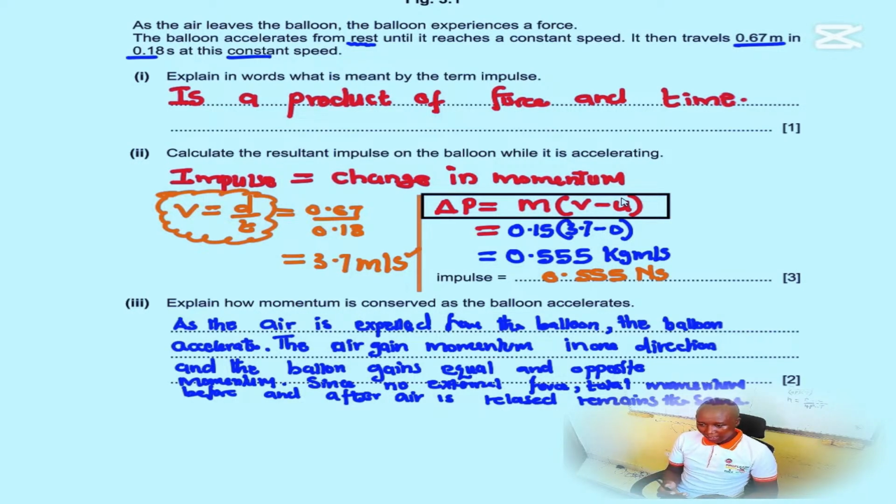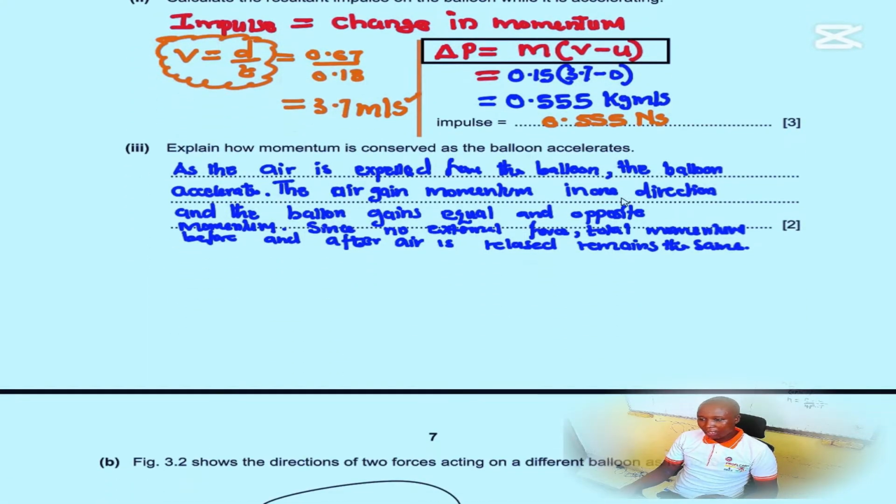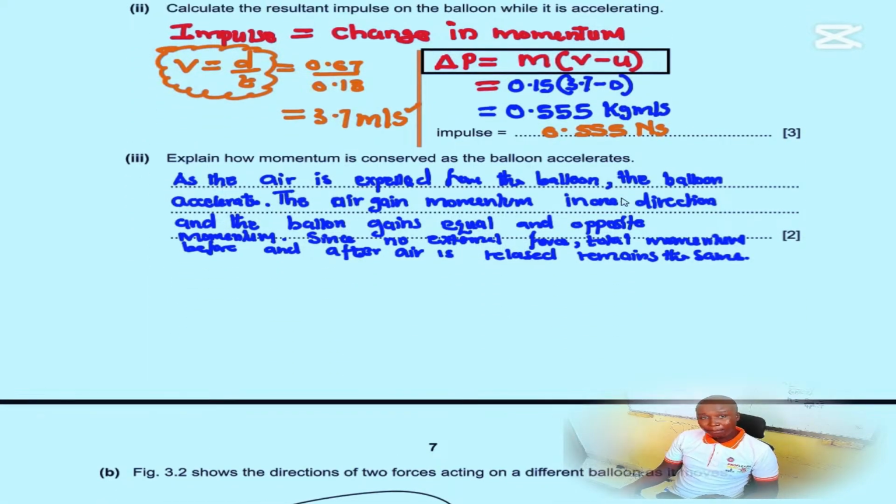The law of conservation of momentum states that momentum before collision is equal to momentum after collision, provided there is no external force acting on the system. Now we are supposed to explain how momentum is conserved when this balloon accelerates. As air is expelled from the balloon, the balloon accelerates forward.